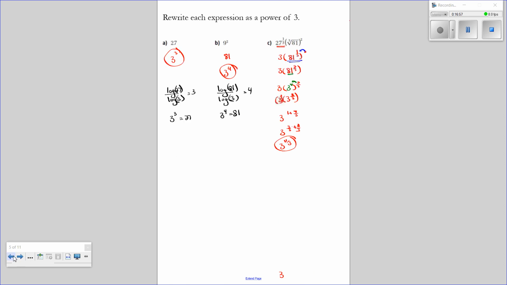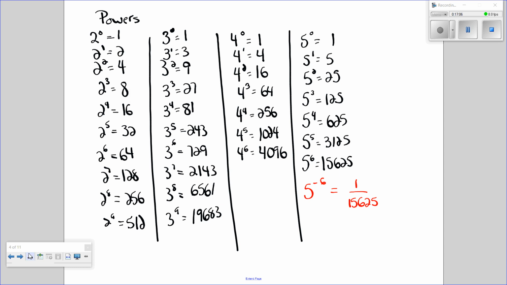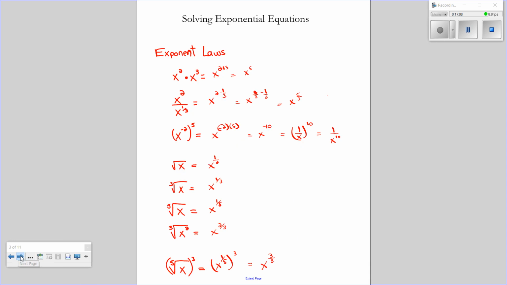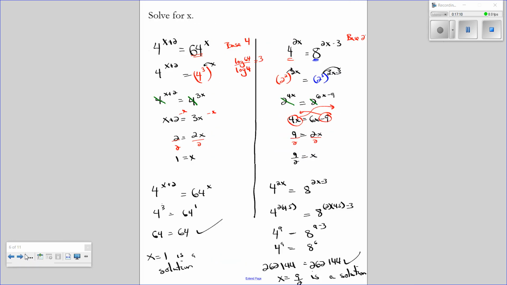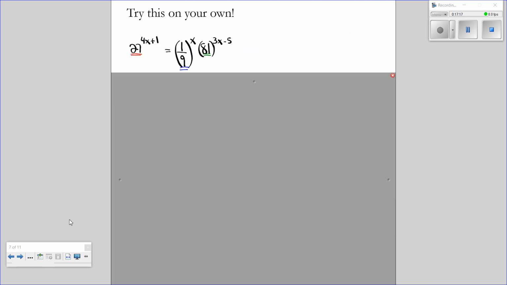Writing expressions with a common base, or in this case a power of 3. Exponent laws, powers, and solving exponential equations. Here's an example you can try on your own. You can pause the video right now.